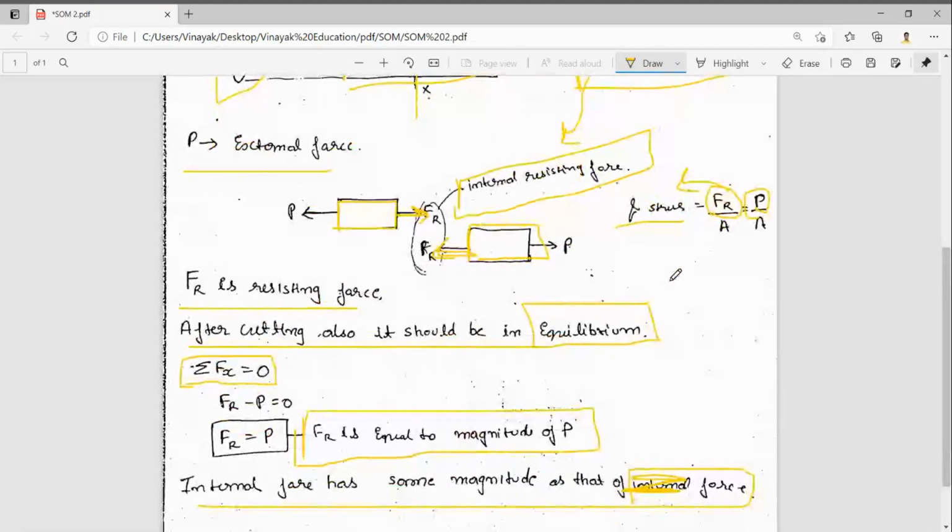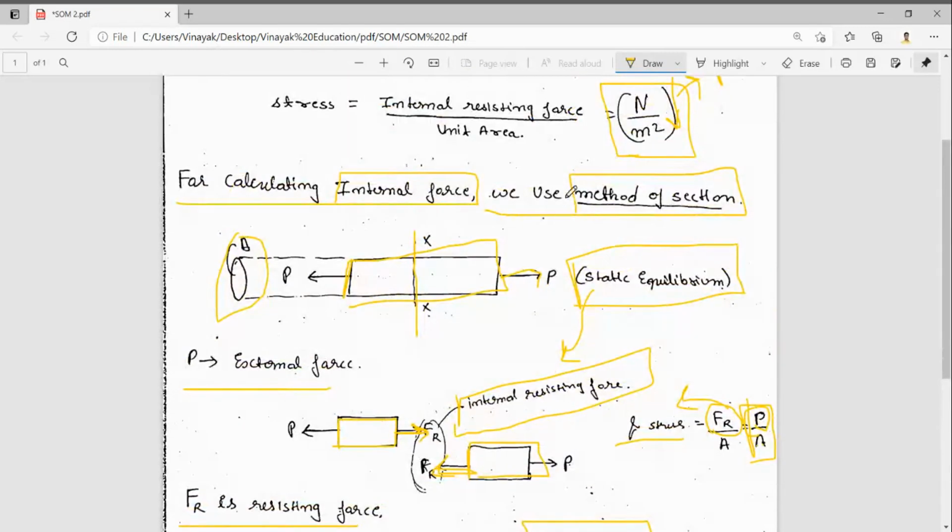So whenever somebody asks what is stress, you should say internal resisting force per unit area, but the value of that internal resisting force is the external force we are applying. That's why we directly write external force by unit area. But the actual concept inside is this resisting force. If somebody asks, you can say that the method of section is used.